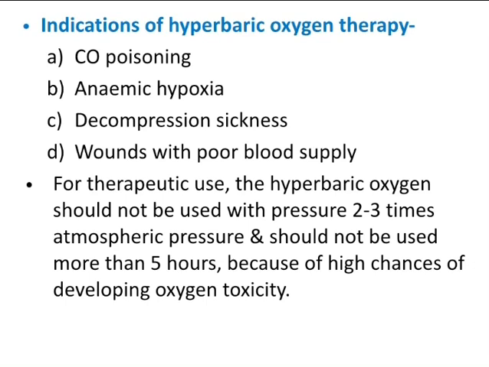If we provide hyperbaric oxygen therapy, then more oxygen will be dissolved and more oxygen will be delivered to tissues. Next, it is utilized in decompression sickness. About decompression sickness we will discuss in detail in the next lecture. It is also given in wounds with poor blood supply.